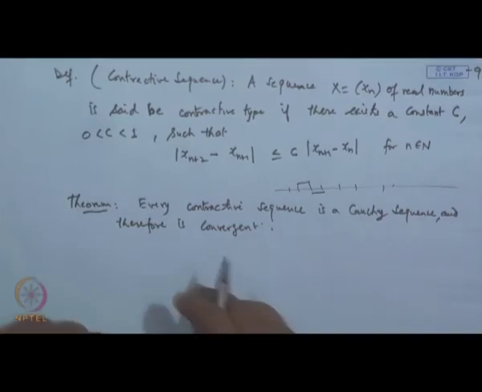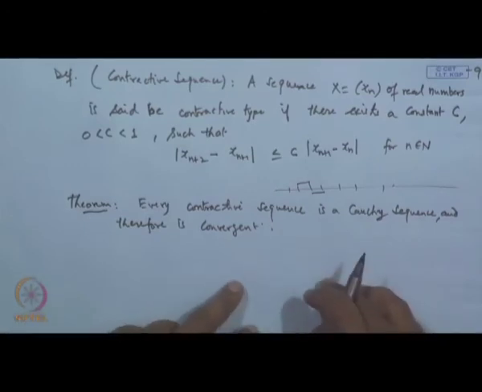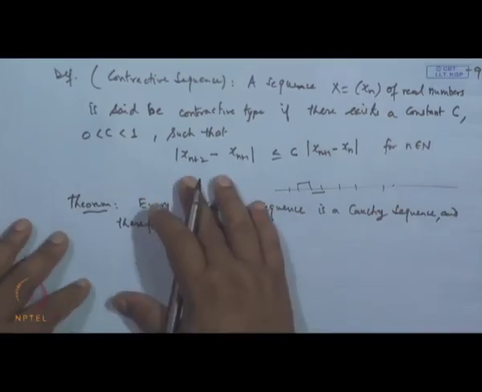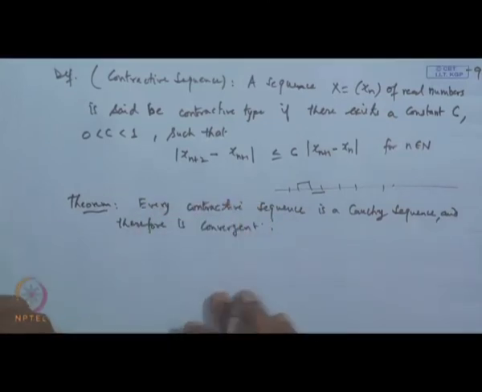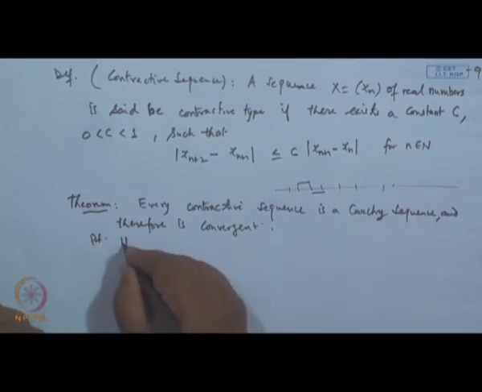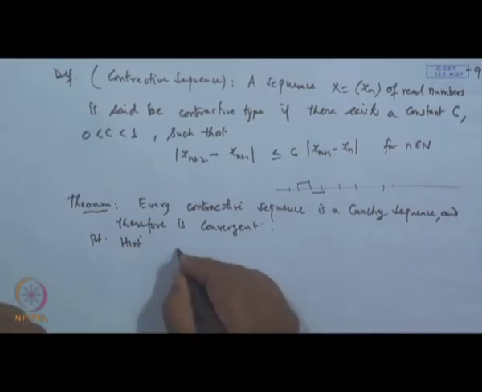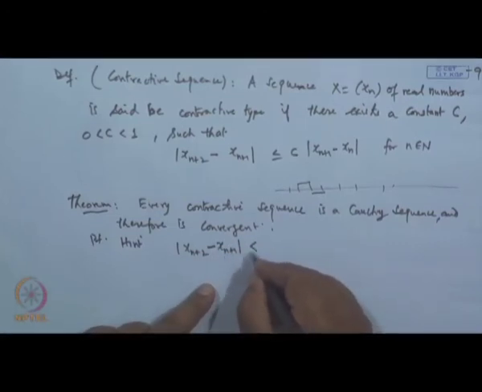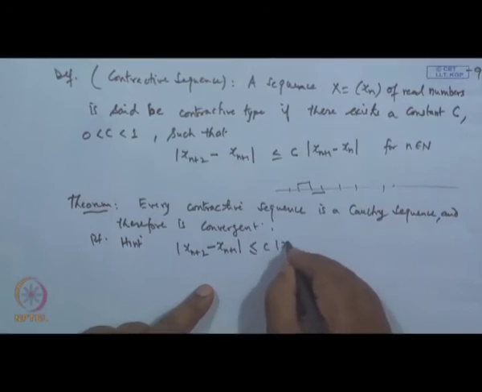Now, again we will use similar tricks as we did earlier: first you make this difference x n minus x n minus 1, and so on, and prove it. In fact, to prove this, I give the hint that first you show x n plus 2 minus x n plus 1 is less than or equal to c times mod x n plus 1 minus x n.